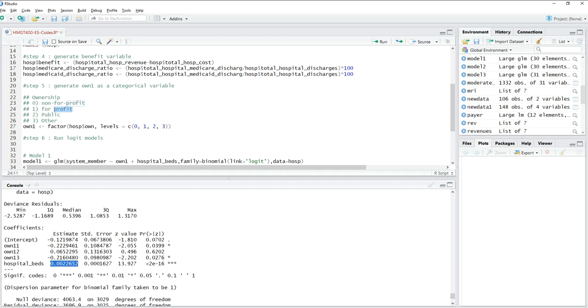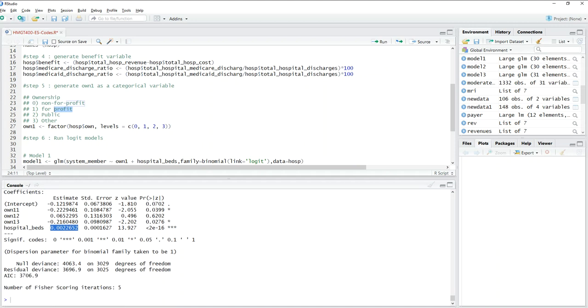Here it's 0.2 percentage, but if you multiply by 200, you can see the result. 0.2 percentage is not too much. I can say even if it's significant, it doesn't make a lot of sense.